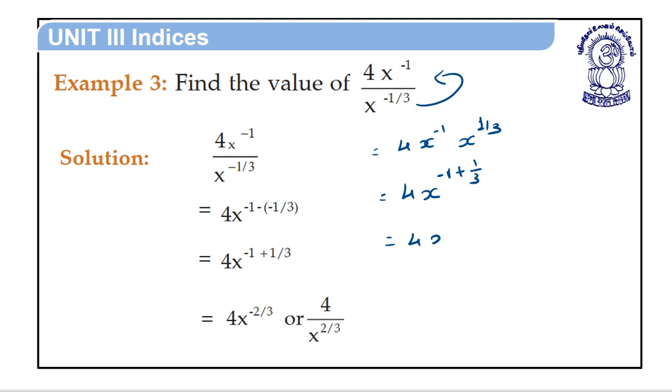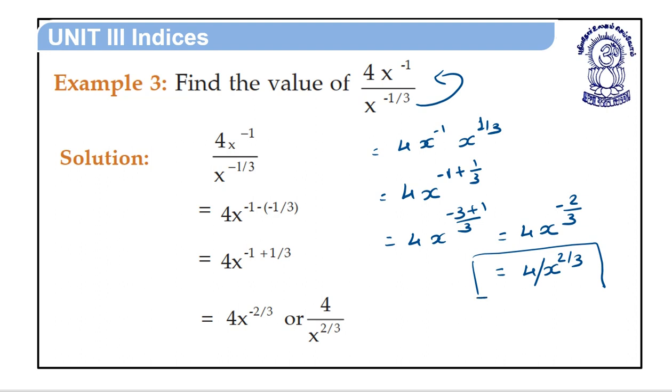So 4x raised to minus 3 plus 1 by 3. Minus 3 plus 1 means minus 2 by 3. 4x raised to minus 2 by 3. So 4 upon x raised to 2 by 3. So the answer is 4 by x raised to 2 by 3.